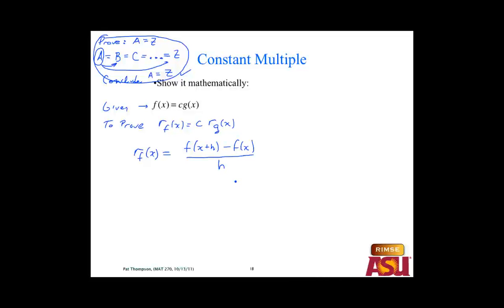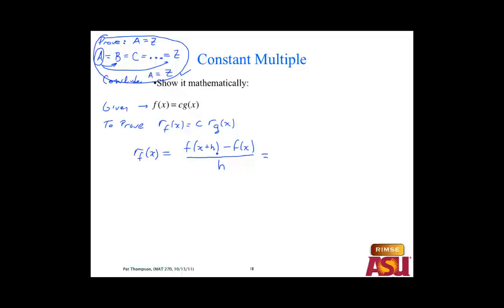Okay, where can we go from there? So now we've got the function f involved, right? What can we do with this? We want to be able to declare something that we confidently know is equal to this. Idea? So what could we say this is equal to? Or maybe just start with this.